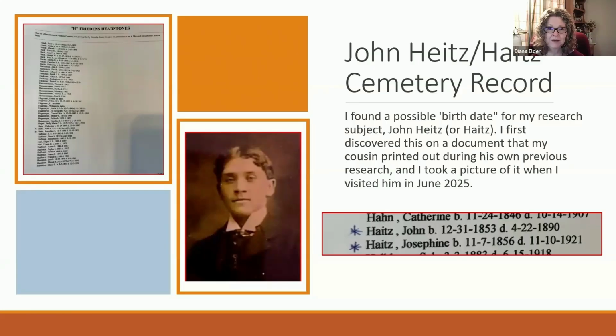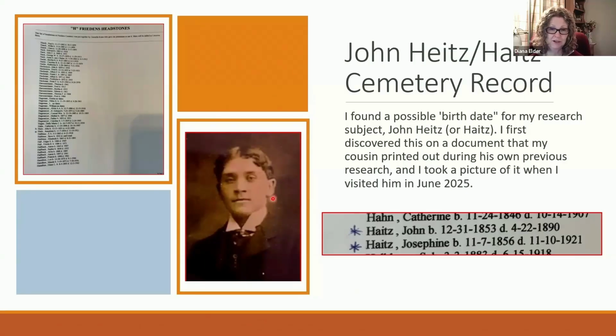Okay, so here we have some derivative records we're going to look at and try to figure out what to do with this. Here is the document where the cousin did a printout, and it didn't cite the website or the URL that I could see on what was given to me, but it does have a date.